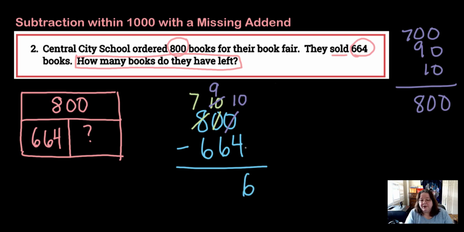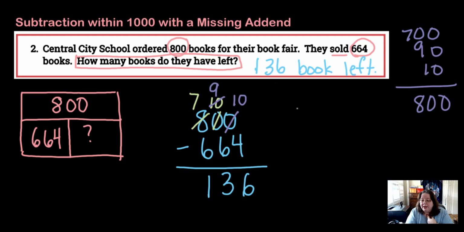And I had 6 fingers there. So 9 minus 6, I can think 6, 7, 8, 9. 9 minus 6 is 3. This one I can do in my head. 7 take away 6 is 1. So how many books did they have left? They had 136 books left.